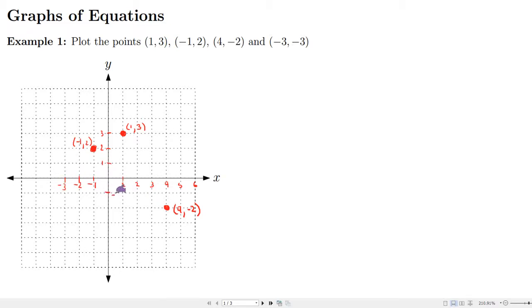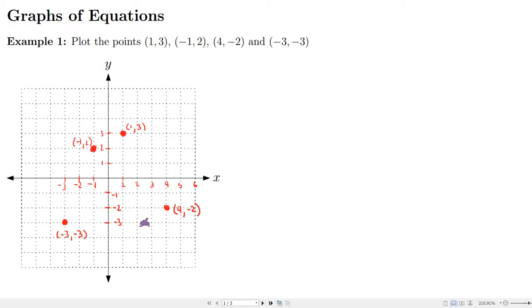If you want to label these, you can. It's good practice to at least label a few of them so we can see what the increments should be for your particular problem. If it's clear, it's not absolutely necessary, but it is a good idea to at least label a couple of them.